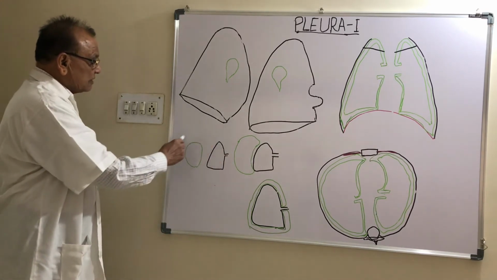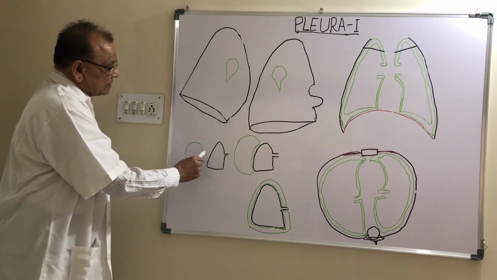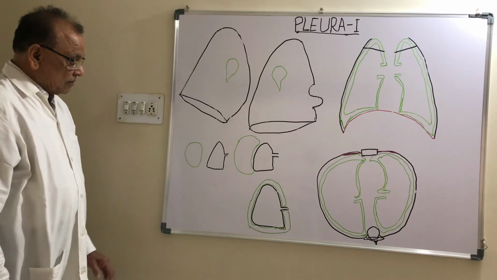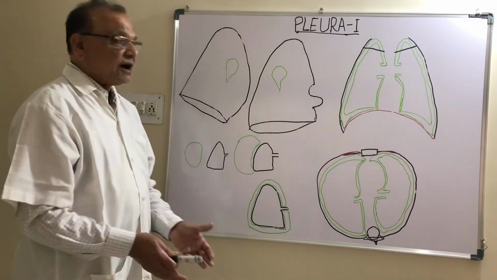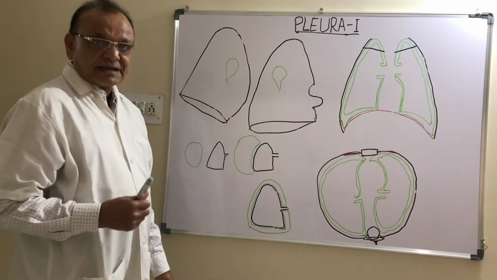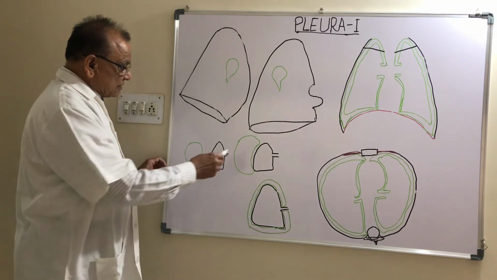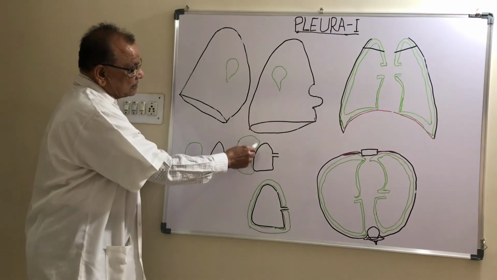So in the first figure, the pleural sac and developing lung are situated side by side. With further development, as the lung enlarges, it pushes the pleural sac. So naturally, the shape of the pleural sac becomes like this. Here the depression appears.